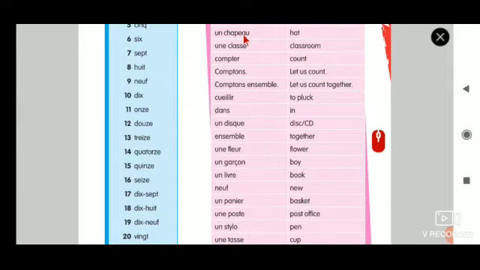Fine. The next word is une fleur. Number 2 is here. The third word is une tasse. Tasse means cup.